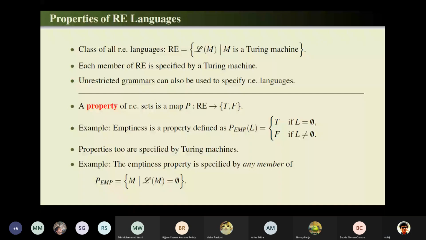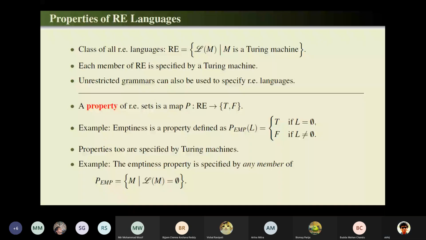So I can ask the question whether that machine accepts the empty language or something else. So properties are specified by any representative member of this set of Turing machines such that the language of that machine satisfies this property.